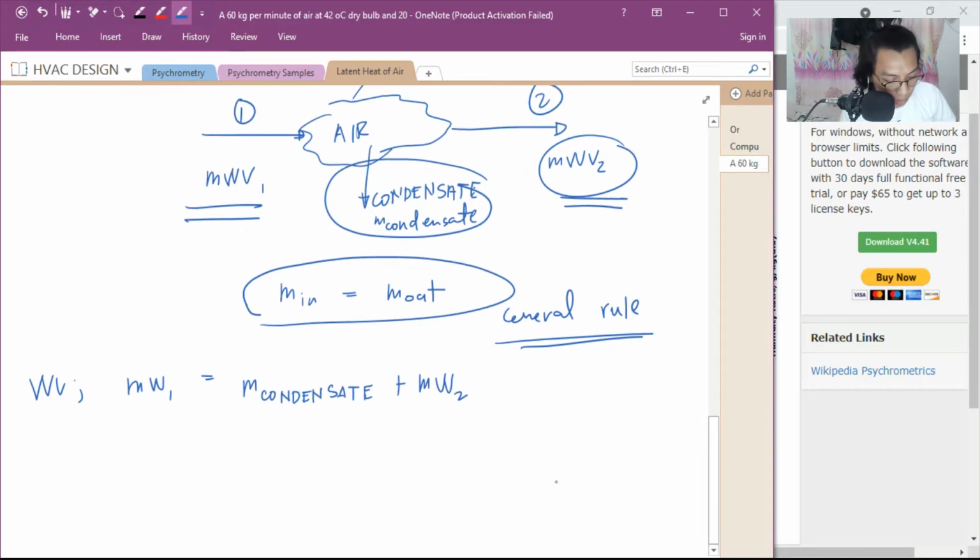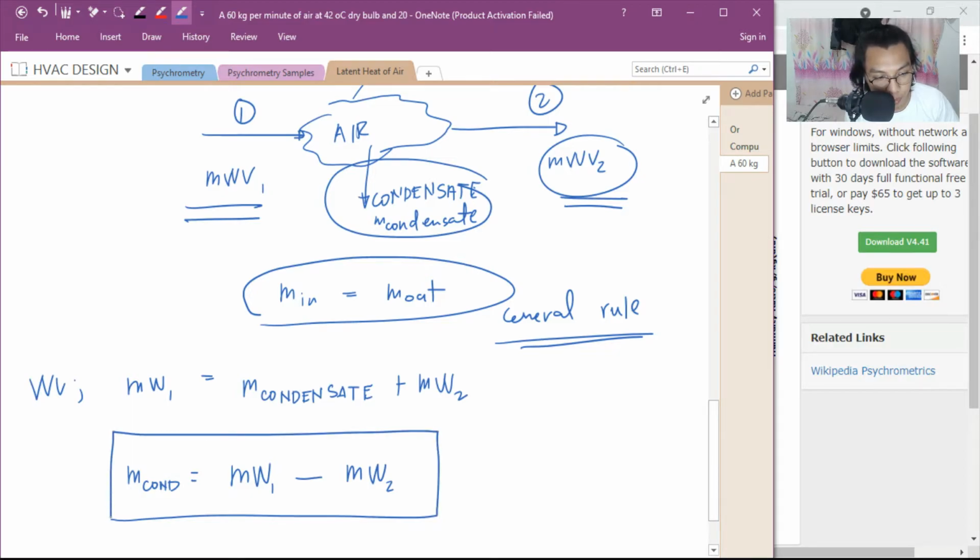Now, we can find the mass of the condensate. The mass of the condensate is equal to the mass of water vapor 1 minus the mass of water vapor 2. This is the equation, the mass of the condensate.